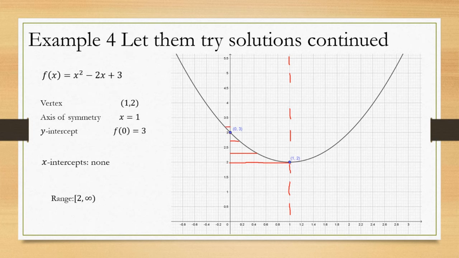Here we can look to the left or right. And you can see that, yeah, we're in the range. Now you have to go on the y-axis and go to the left or right horizontally until you hit the graph. That's what's happening here.